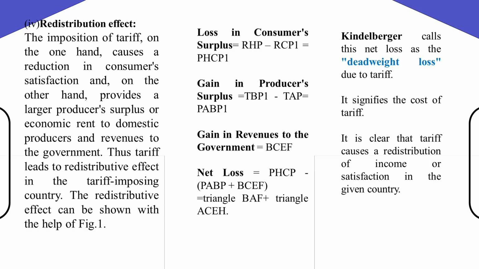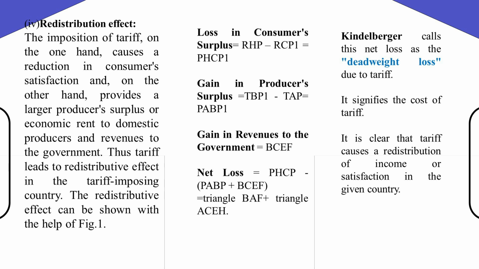The imposition of tariff on the one hand causes a reduction in consumer satisfaction and on the other hand provides a larger producer's surplus or economic rent to domestic producers and revenues to the government. Thus, tariff leads to a redistributive effect in the tariff imposing country.